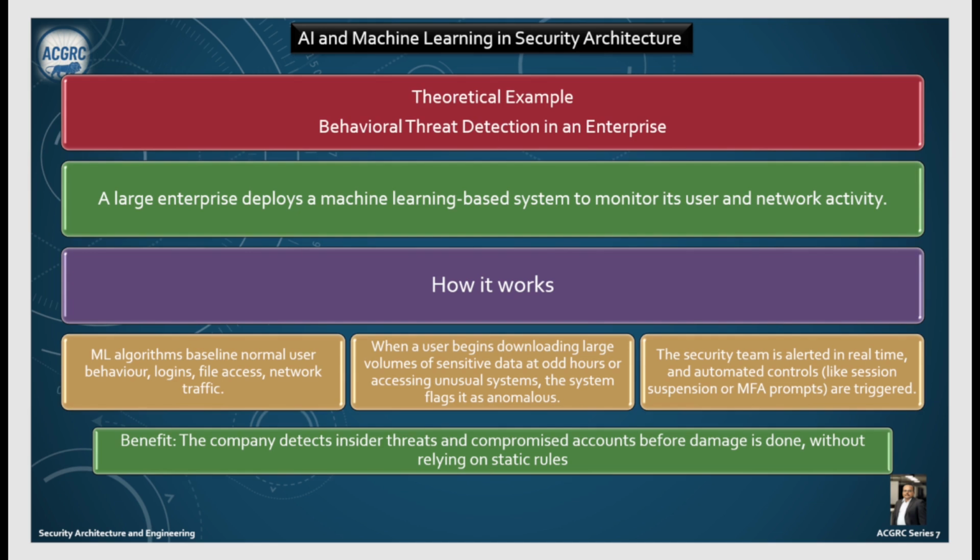The security team is alerted in real time and automated controls like session suspension or MFA prompts are triggered. The benefit? The company detects insider threats and compromised accounts before damage is done, without relying on static rules.